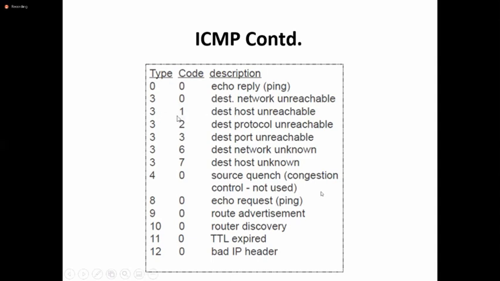This code will be sent in the reply, and my command prompt will actually read the error code and show the relevant description. What I got was destination host unreachable, right?